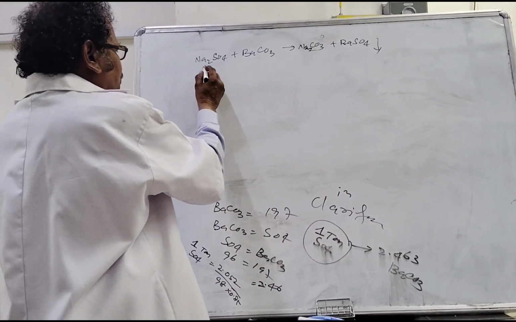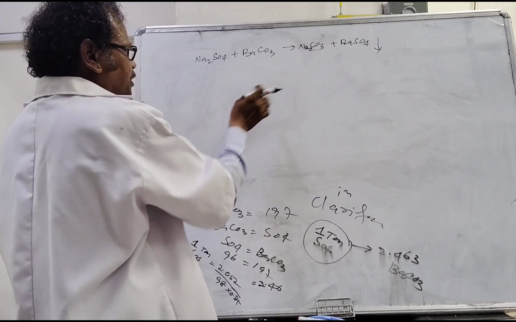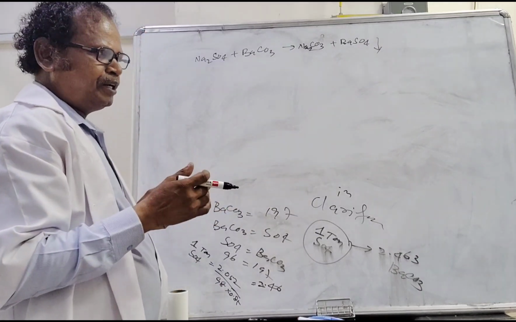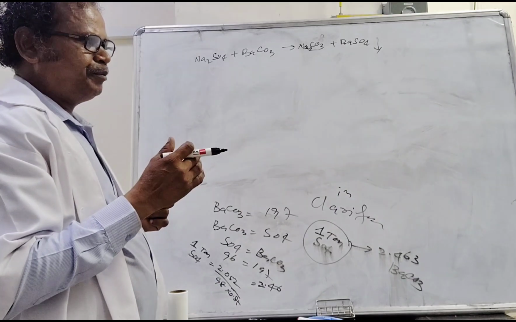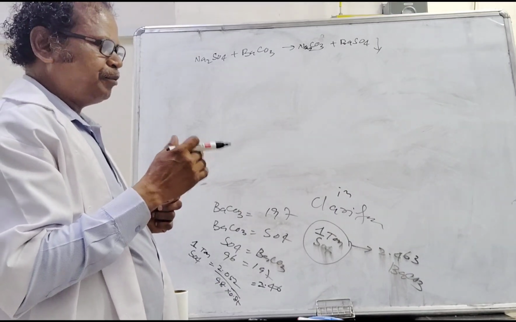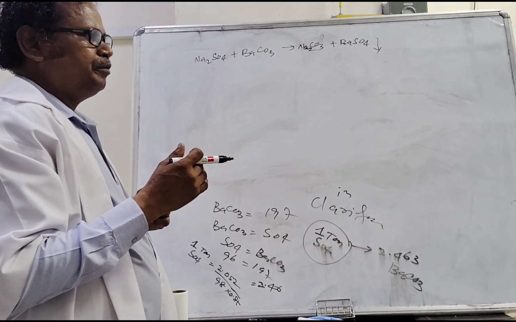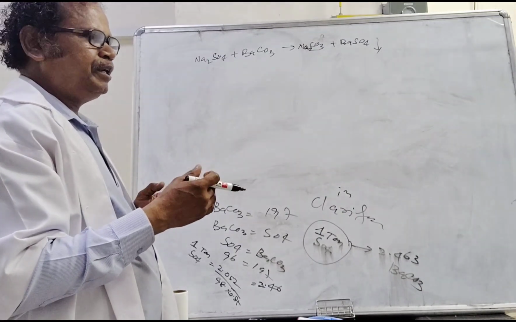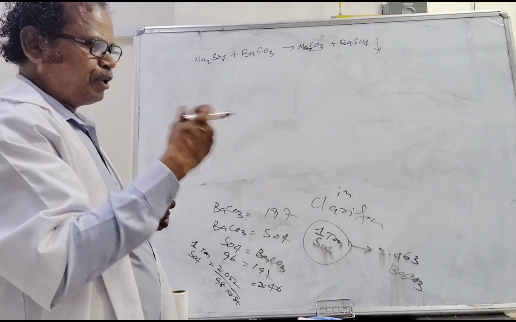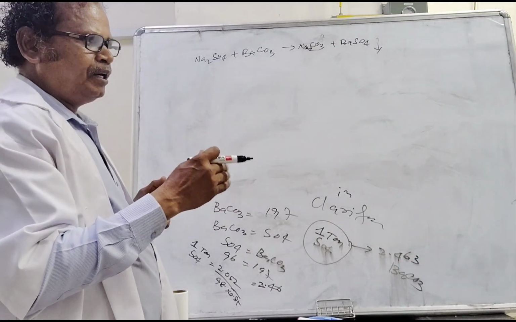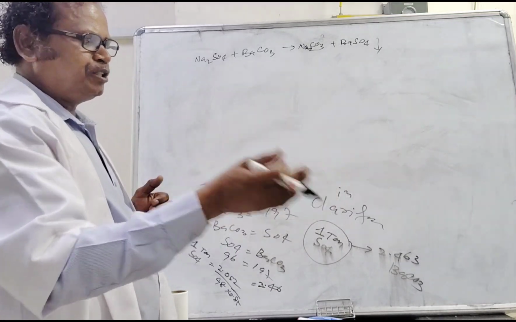Now you see it is a double decomposition reaction in the clarifier. When you are charging barium carbonate to remove sulfate from the brine, then there is a double decomposition, because when you are charging barium carbonate, it gives sodium carbonate. Again sodium carbonate reacts with the calcium chloride and the reaction is completed.